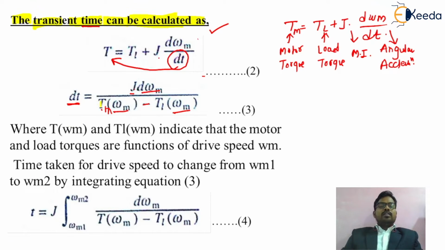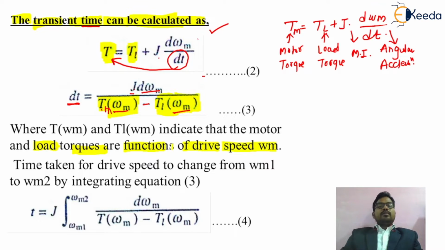The simple thing is that the motor torque and load torque are basically functions of the drive speed. That's why in that equation we have TL of omega m and T of omega m.